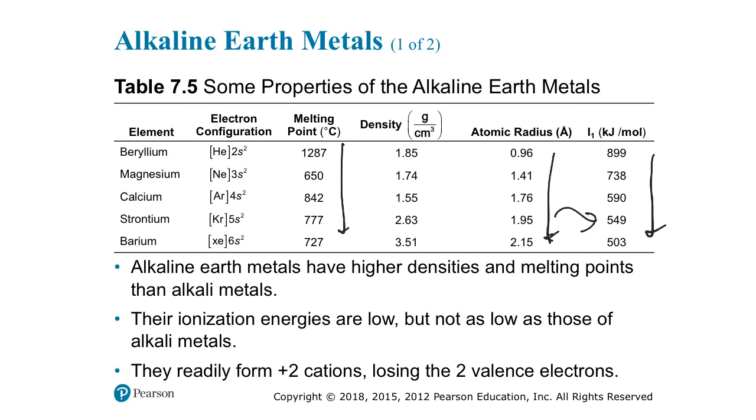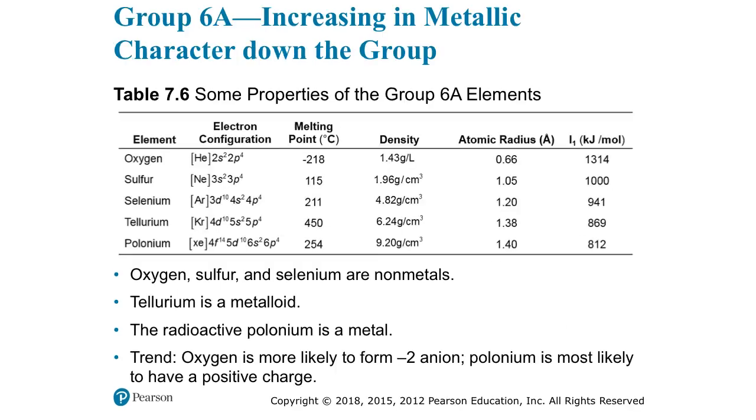These are bigger atoms, and so they have higher melting points on average, and they also have higher densities. Their ionization energies are low, but not as low as the alkalis. The ionization energies of this group are generally higher, if you go from left to right, than the alkali metals, and these elements readily form +2 cations, losing their 2 valence electrons.